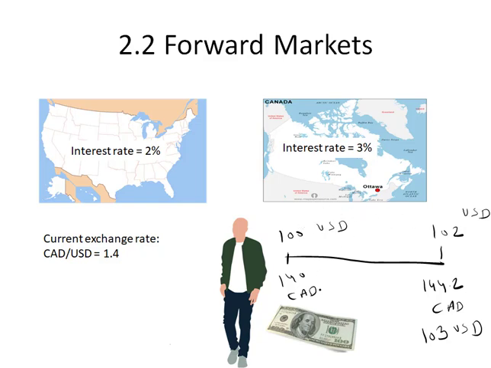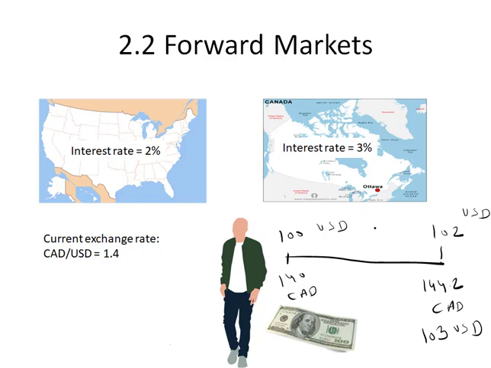So he would prefer to convert his money into Canadian dollars, invest that in a bank in Canada, and after 1 year get the money back from the Canadian bank and convert that into US dollars. And if we assume there is no transaction fee, then he will be making 103 US dollars, which is higher than what he was making if he invested that money in the US.